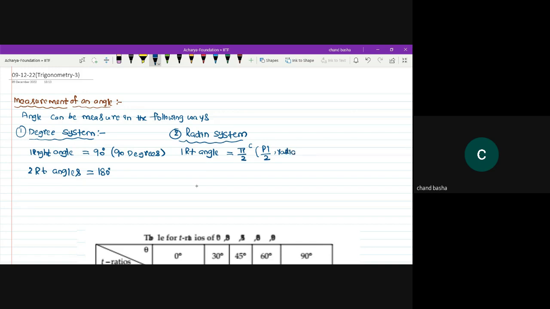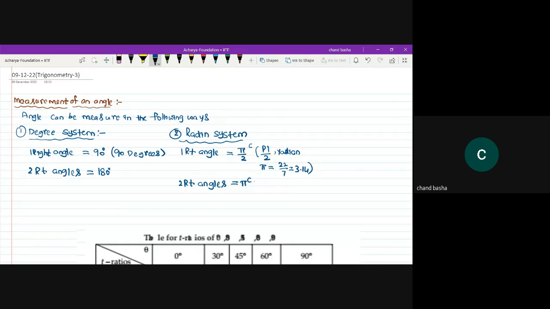The approximate value of pi is 3.14, and we can take it as 22 divided by 7. Similarly, two right angles is equal to pi radian. This is the second method for measurement of an angle.